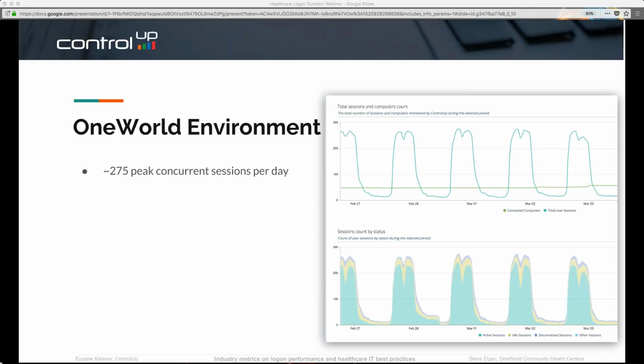So appreciate everyone's flexibility. I'll talk a little bit about the environment that we have for One World Community Health Centers. We're currently running XenApp, publishing applications and published desktops. There's no VDI in our environment today. About 275 peak users at a given time throughout the day.